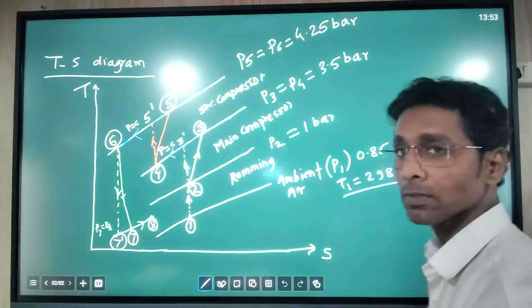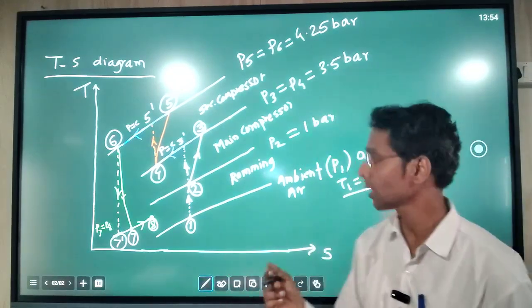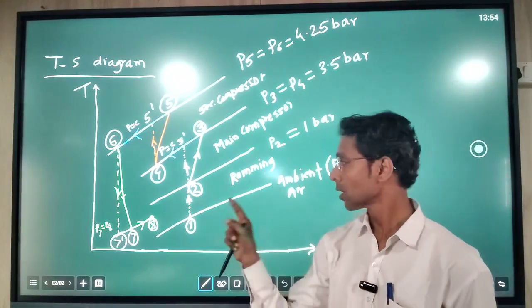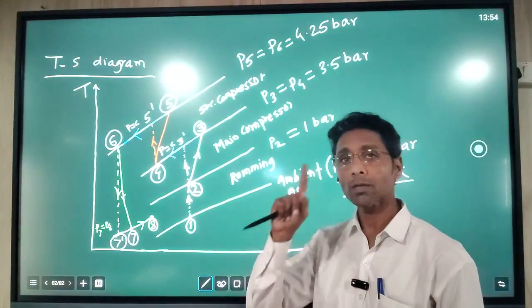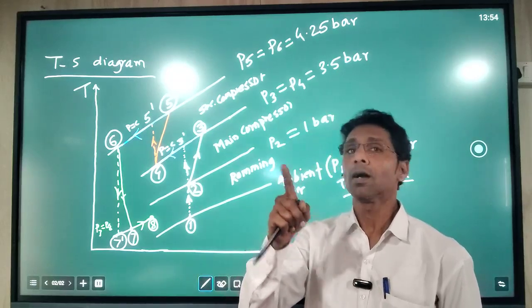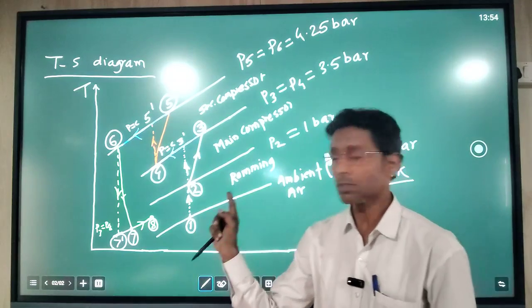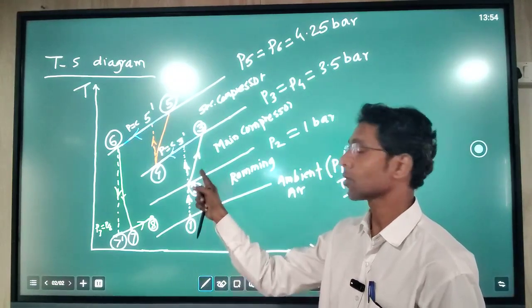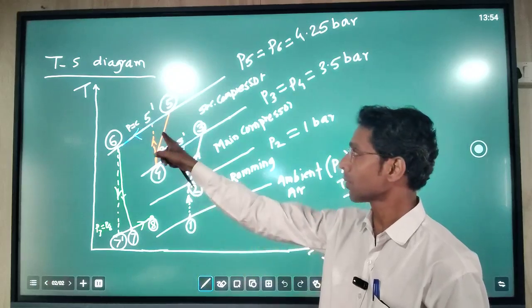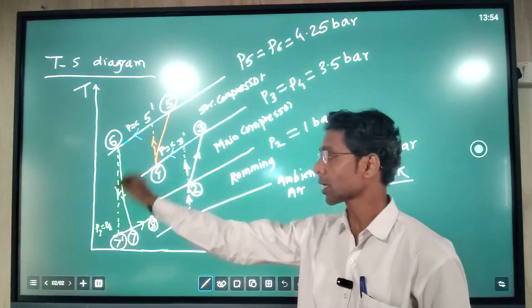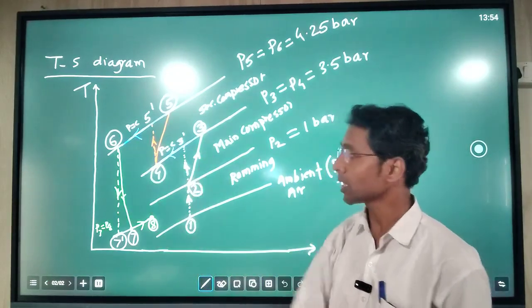To find these temperatures, as we have seen in the theory, for every process we have 2 formulas. Wherever there is a compression process, one formula comes for the temperature ratio and pressure ratio relation, and the second formula is the efficiency. So we will have 2 formulas for the 1 to 2 process, then 2 formulas for the main compressor, 2 formulas for the second compressor, and 2 formulas for the turbine. That is about 8 formulas.